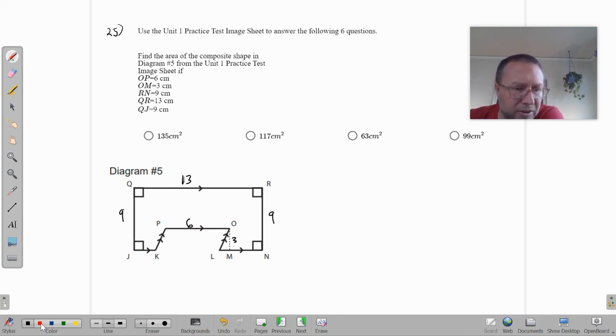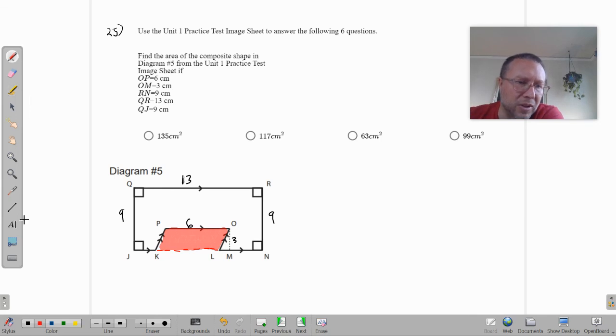Let's say if I filled this in here, so I got a parallelogram here. But if I thought about it, once I fill that in, it just looks like a rectangle.